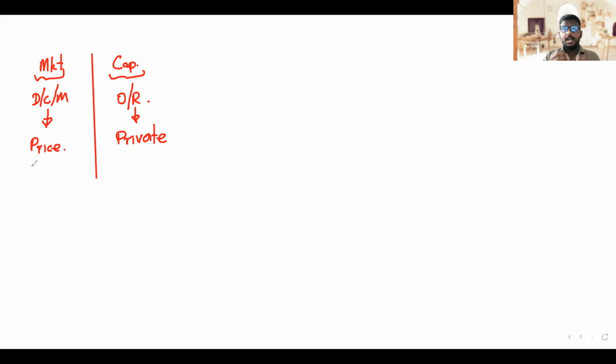But here in the question, they have specifically asked whether the market economic system and capitalist economic system are necessarily always the same. So when they ask it like that, are they necessarily always the same? The answer is no. There is a difference. If you want to differentiate, you can differentiate market economic system and capitalist economic system.